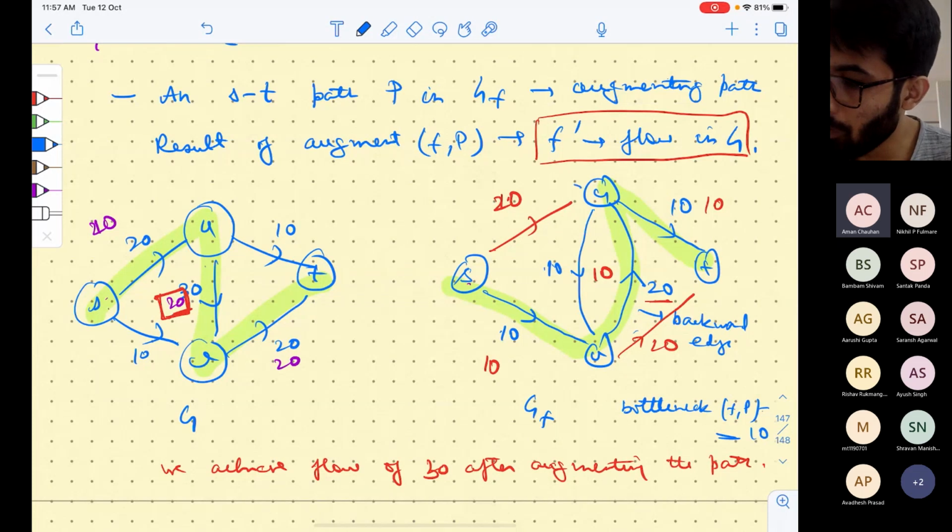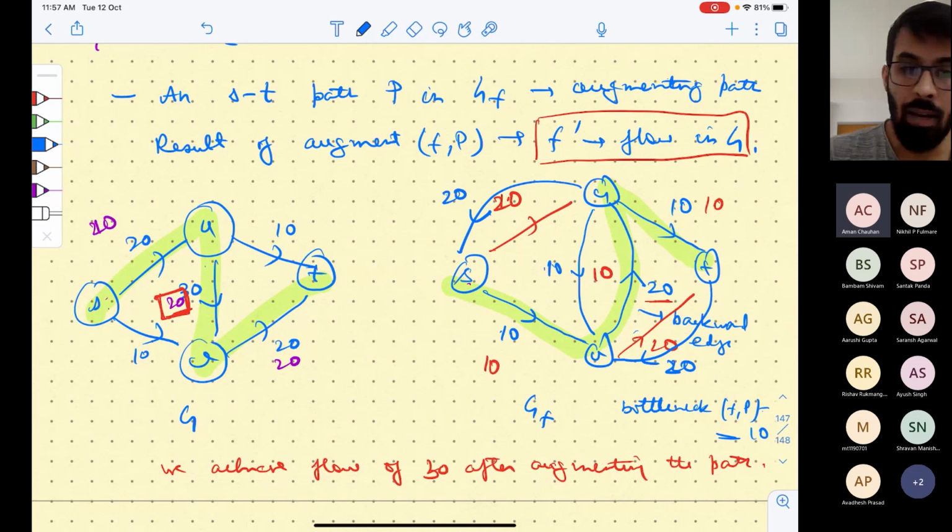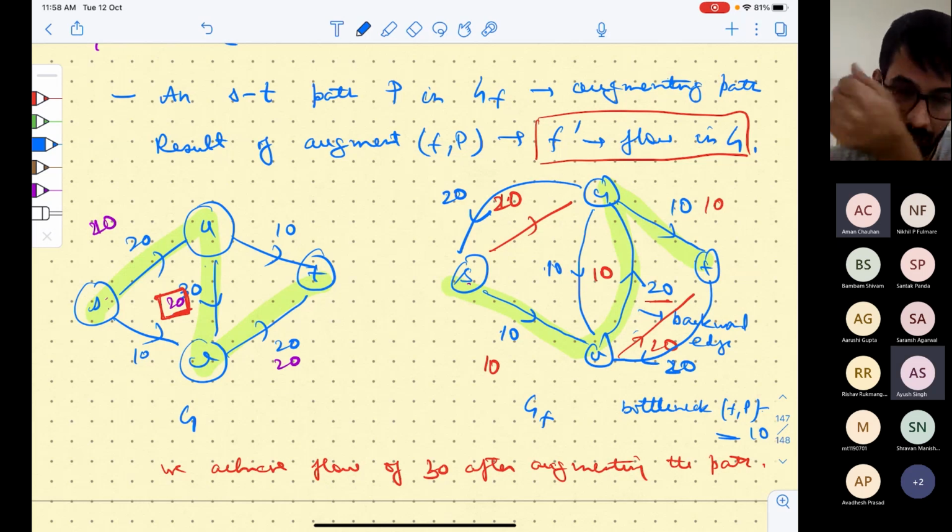Sorry, you're right. So there are these backward edges with capacity 20, 20 here and 20 here. Yeah, you're right. Good. But these will not actually be used because they will not be part of any ST path.